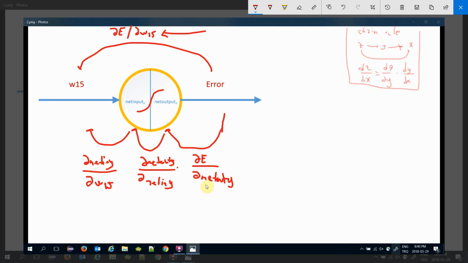Let's calculate all of these. For example, let's say 1, 2, and 3. Before that, I need to clear this here. Give me a second.